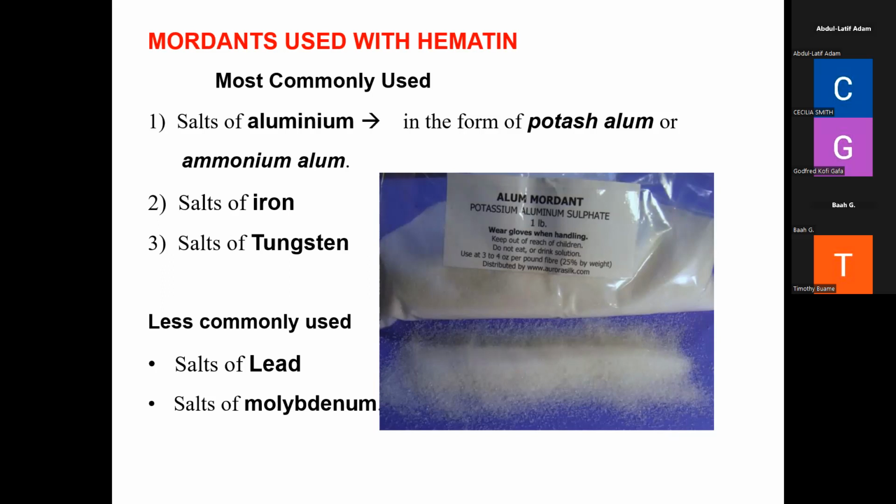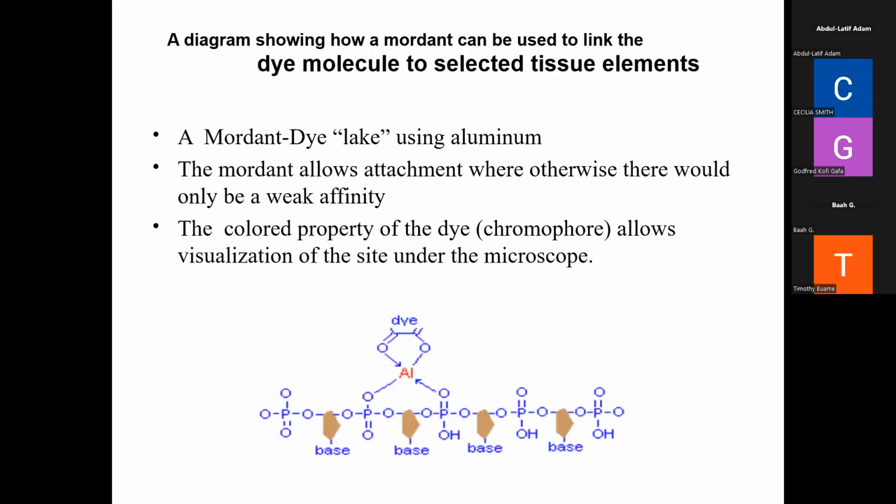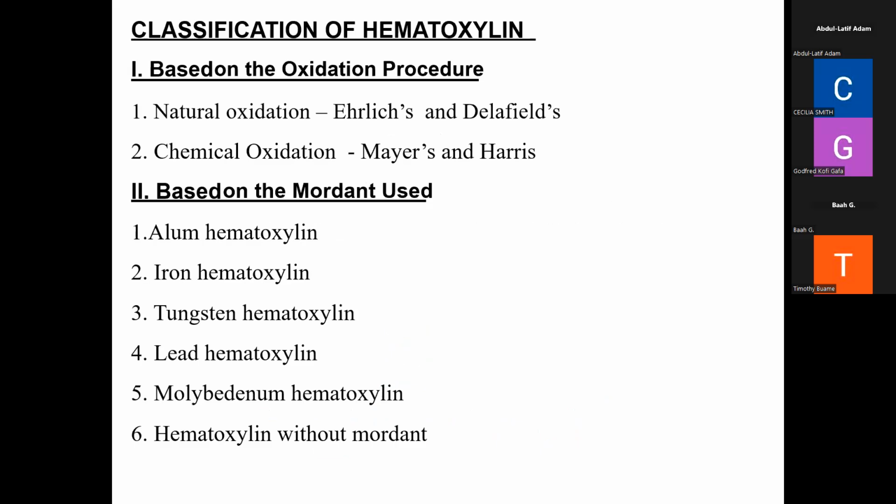If it is tungsten, it is tungsten hematoxylin. If it's lead or molybdenum, they are all mordants. They are all trivalent or divalent metals used as mordants, aiding the interaction between the dye and the tissue to produce a bright contrast between the tissue and the dye. As I mentioned, it forms a lake or a bridge between the tissue and the dye.